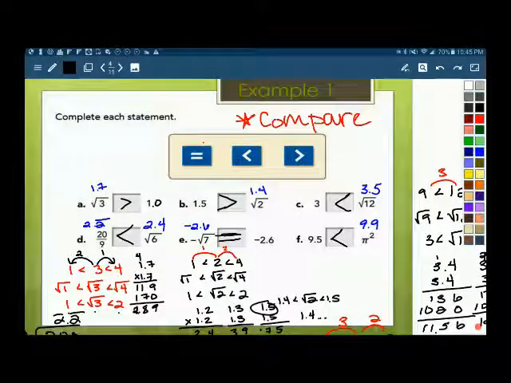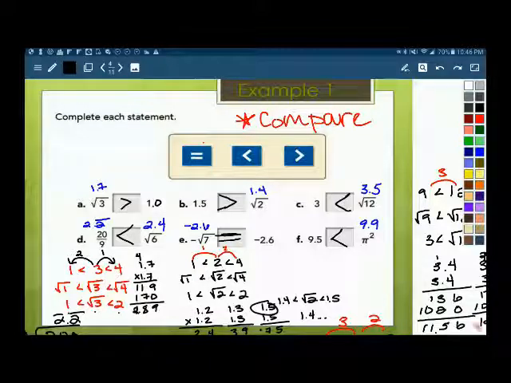All right, so according to the work that we've calculated, I put each of the numbers above their respective counterparts. So root 3 was 1.7, root 2 was 1.4, root 12 was 3.5, 20 over 9 was 2.2 repeating, root 6 was 2.4, negative root 7 was negative 2.6, and pi squared was 9.9.